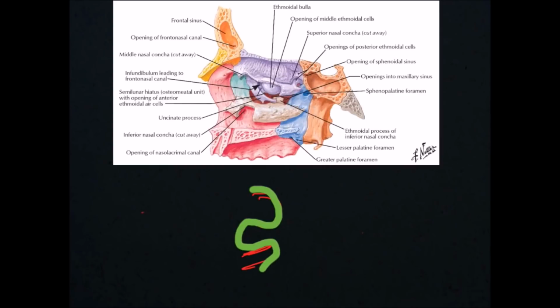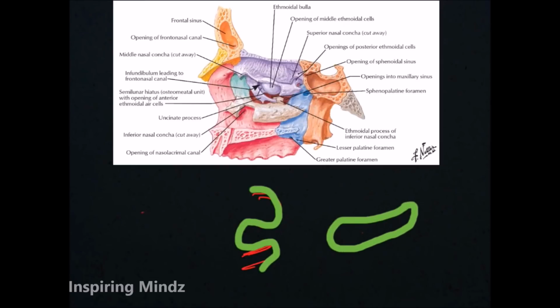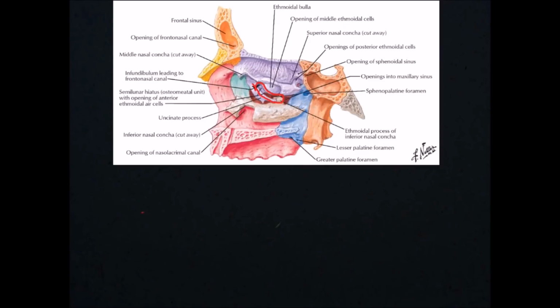So it creates a depression-like structure between the bulla ethmoides and the uncinate process. Mucosa will create this depression in the shape of a semilunar, not full, not half. It is semilunar. It is termed as hiatus semilunaris.